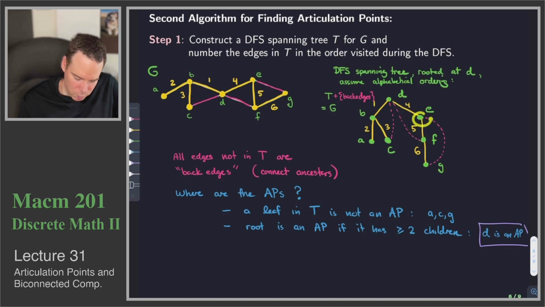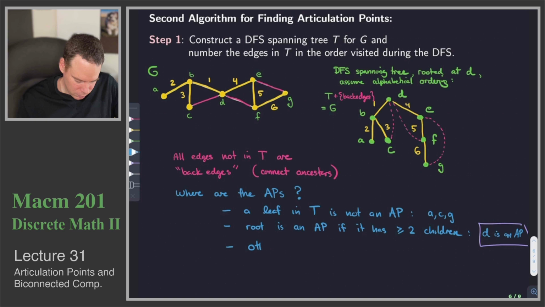And so E won't be an articulation point because this subtree is still saved. It's still connected to the rest of the graph. And so the idea is we are interested in knowing if there is a descendant that's connected by a back edge up to a higher ancestor. And if there is, then it's not an articulation point. If there isn't, then it is an articulation point.